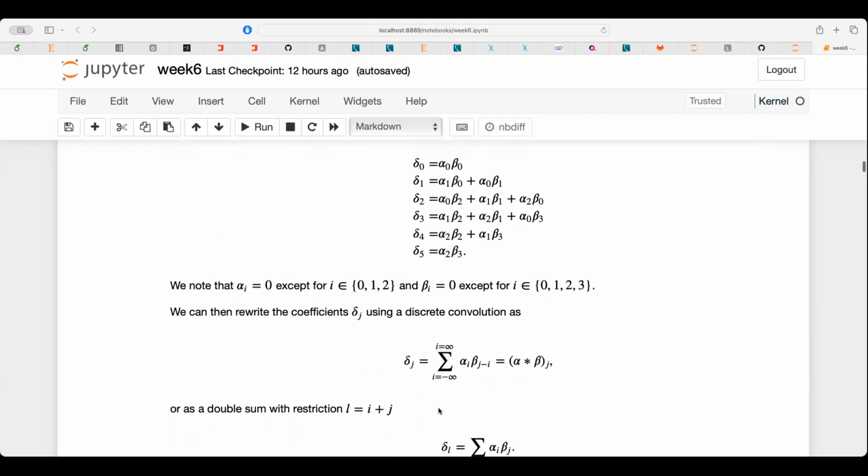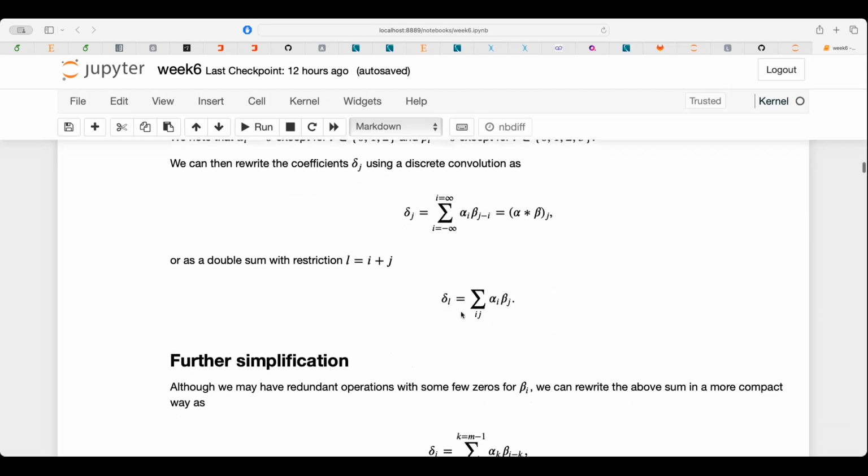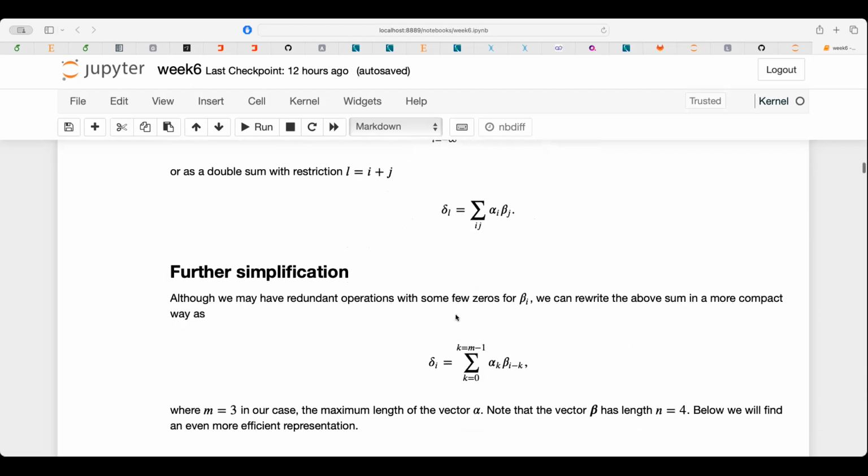However, as you see here, we have only 3 components and 4 components. So running from minus infinity to plus infinity, in this case, is just a waste of time, right? You will have lots of zeros, and you would have to define a huge vector. In addition, you cannot deal with infinities. So you could rewrite it like this, but we're going to make a simplification.